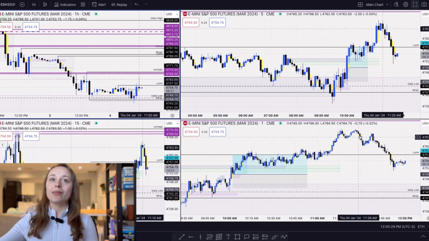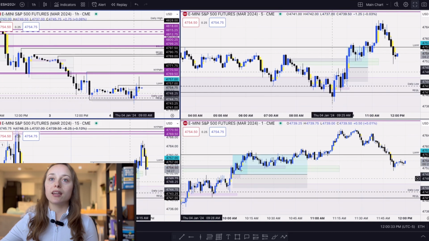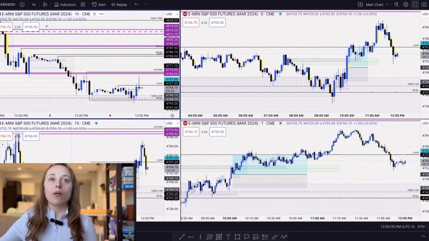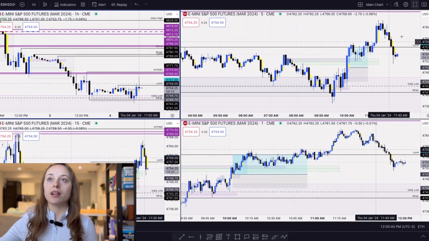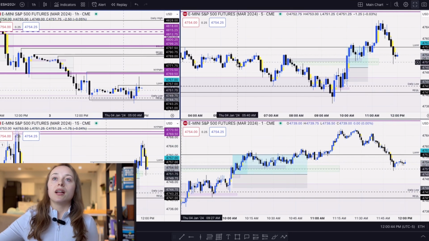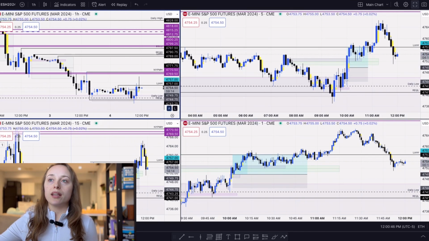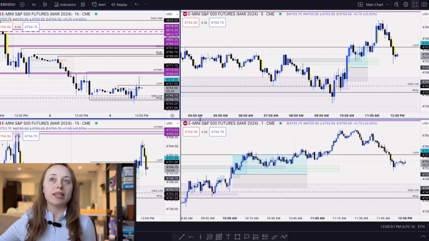Perfect. All right, so this is what my chart looks like. Now I have the 1 hour in the top left corner, the 15-minute on the bottom right corner, I have the 5-minute, and then I have the 1 minute here. This is what I use to trade on because I trade the E-mini S&P.